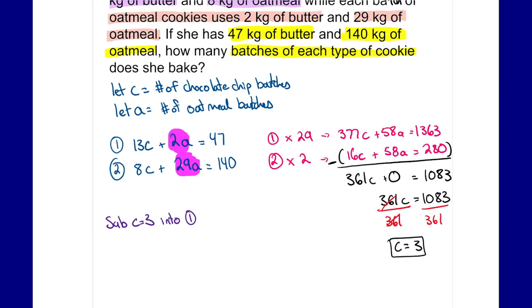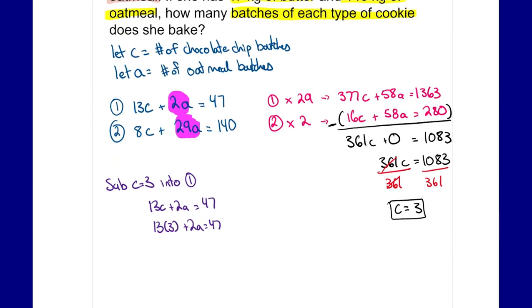So if I plug it in, I now have 13c plus 2a equals 47. 13 times 3 plus 2a equals 47. 39 plus 2a equals 47. 39 moves to the other side, it becomes subtraction. 2a equals 47 minus 39. 2a equals 8.